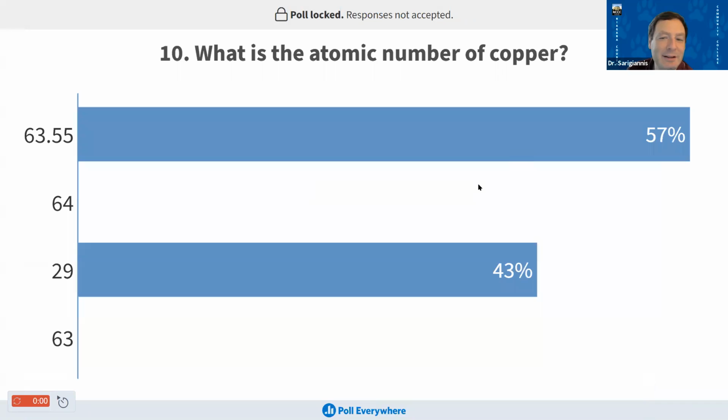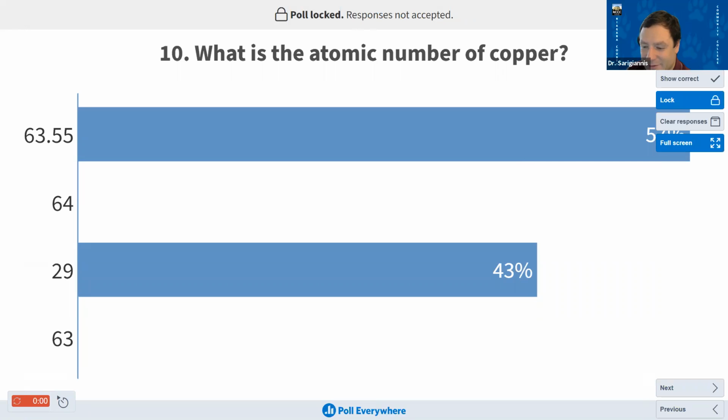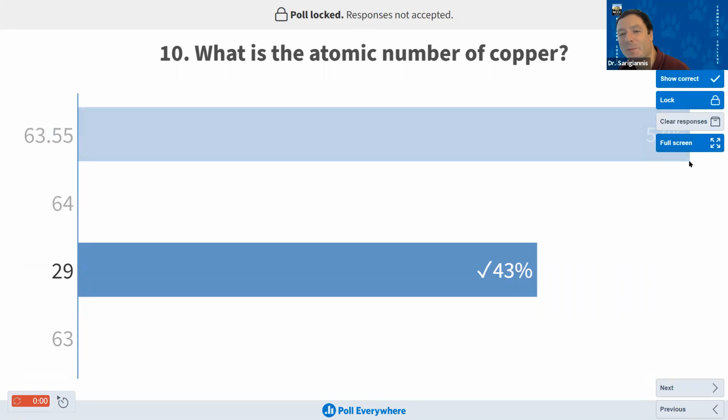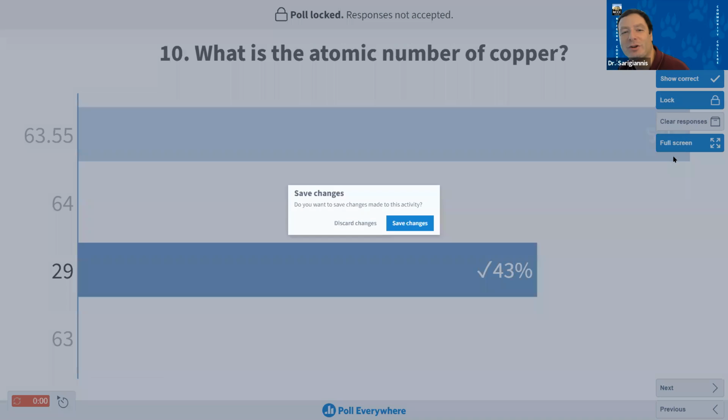All right, atomic number of copper. See the responses. The atomic number on the periodic table is 29, that's the correct response. Let me show you why.